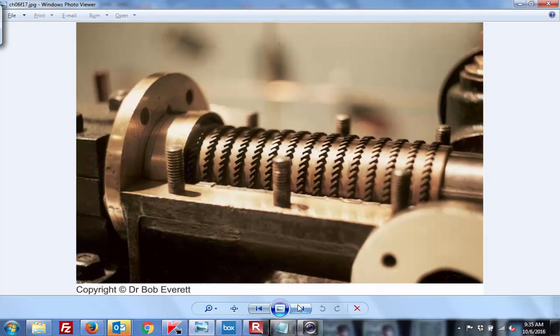Here's a very early example of a turbine, and if we look closely, we can see the blades here. So this is the turbine without the outer casing on. The outer casing's been removed. You can see the bolts are still here, so you can imagine the top piece being bolted on.